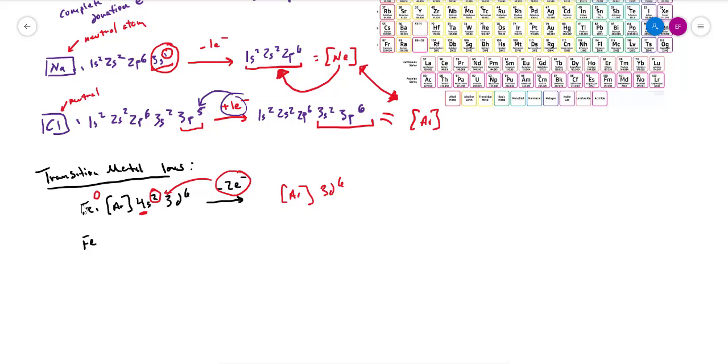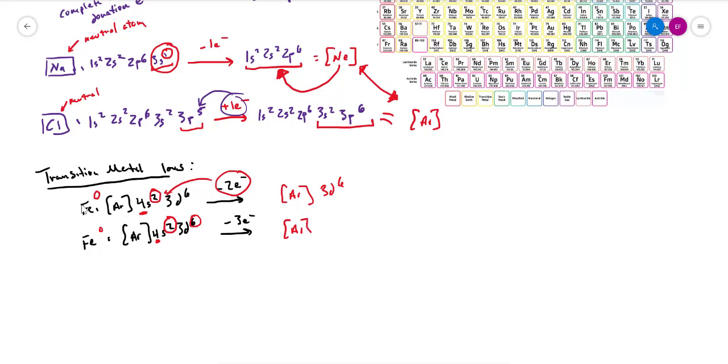What if we want to make iron 3 plus? Again, we're starting with iron 0, argon 4s2 3d6, but now we've got to pop 3 electrons off of this thing. Same thing, we're going to start by removing the highest principal quantum number electrons, but that's not enough, so we're going to have to snag 1 off of this 3d orbital.